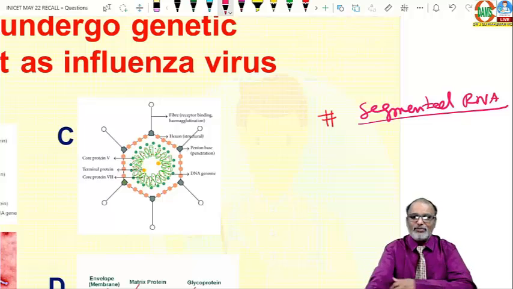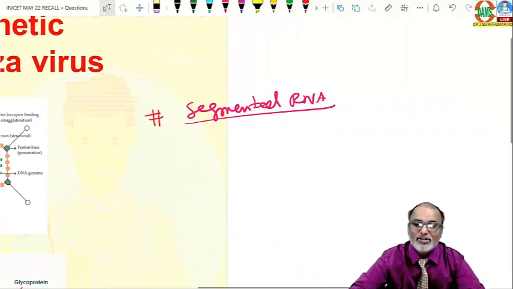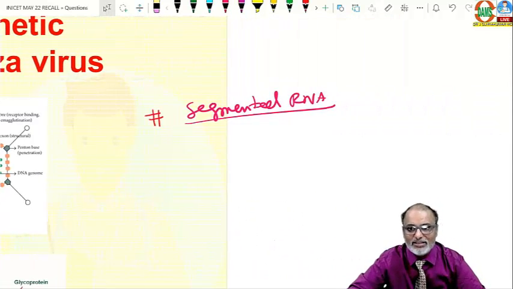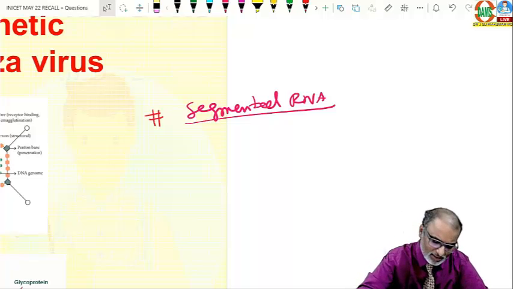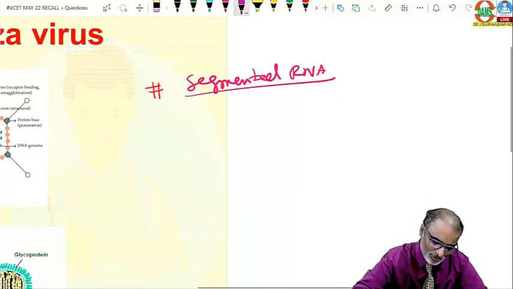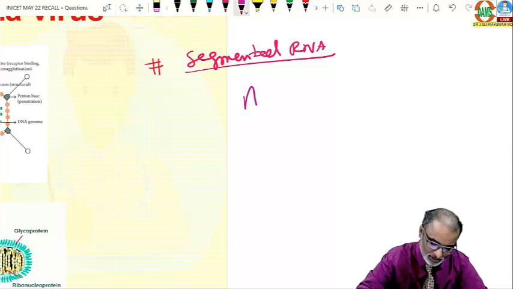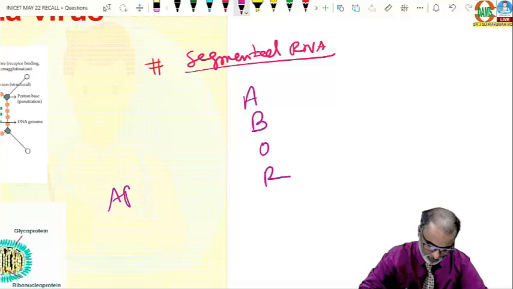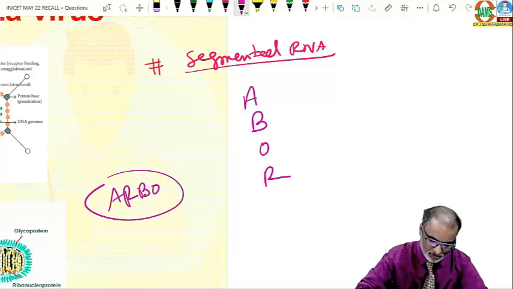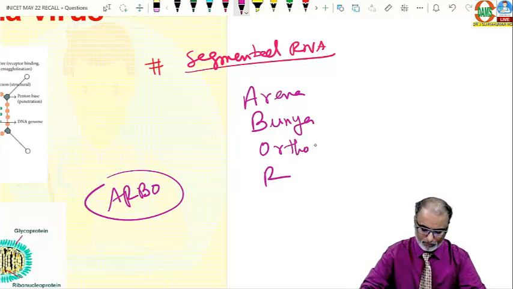Any virus with segmented RNA easily undergoes genetic reassortment. So what are all the segmented RNA viruses? Remember the mnemonic ARBO, but I always tell you to write in alphabetical order. Arenavirus, Bunyaviridae, Orthomyxo, and Reoviridae.